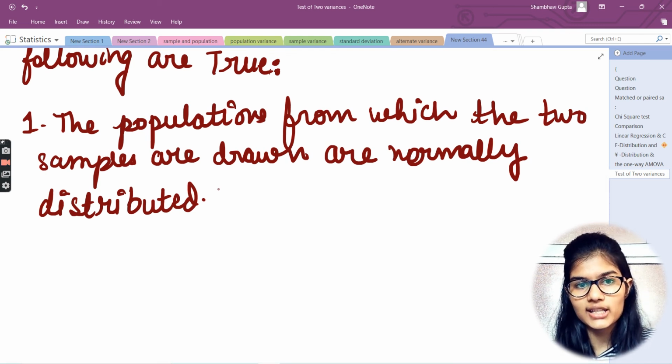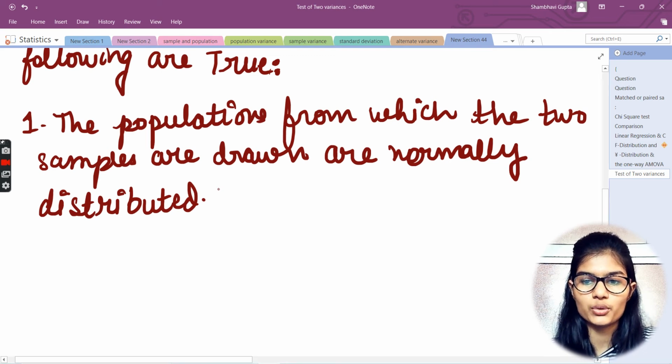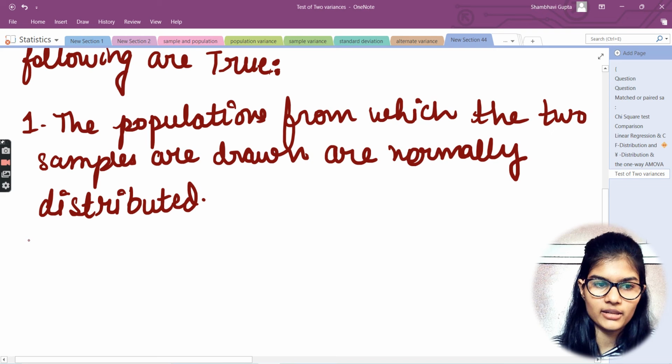This is the very first point that I was talking about, that should be kept in mind, and the others I'll be discussing too. This is the very first point that I had mentioned.